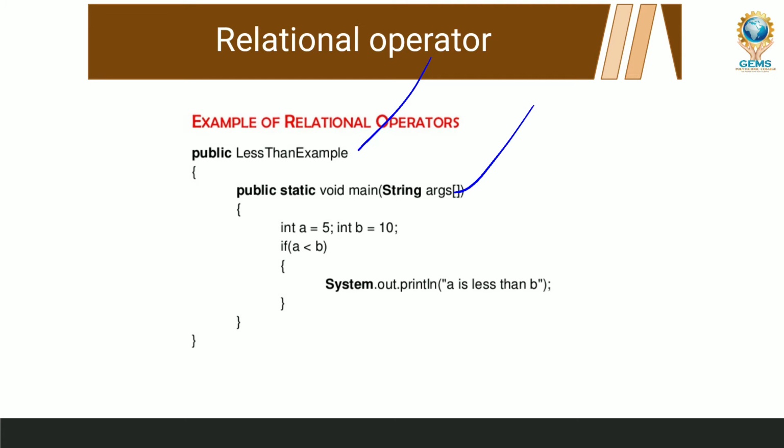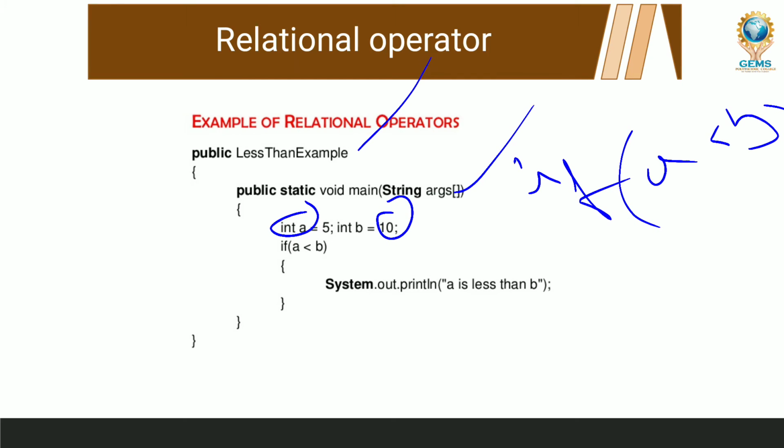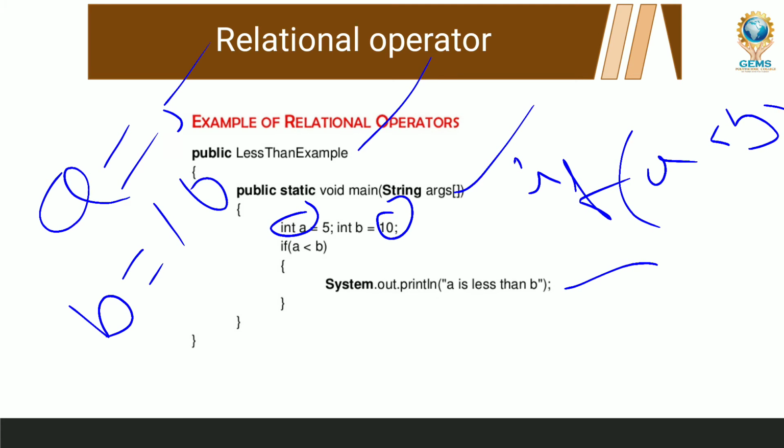If condition A less than B, System.out.println A is less than B. A value is 5, B value is 10, so definitely A is less than B.